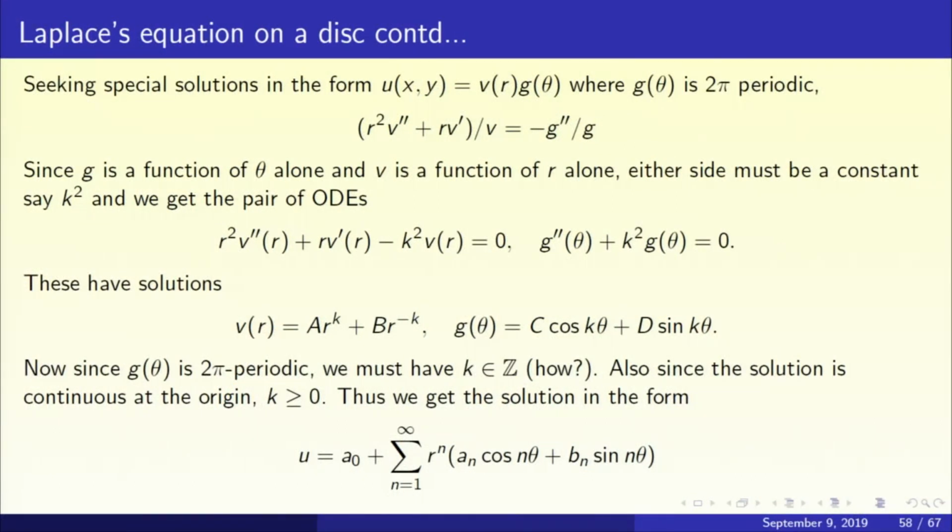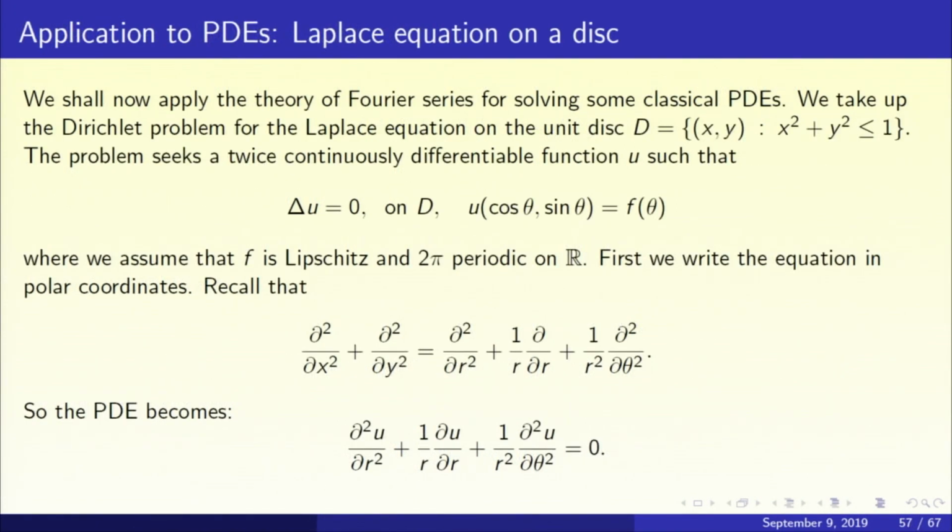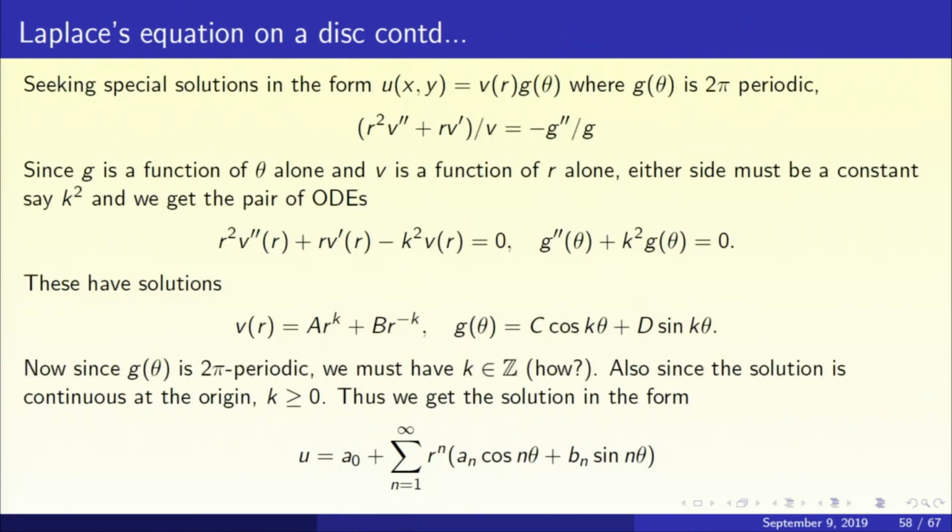Now we must bring in the boundary conditions. What is the boundary condition? U of cos theta comma sin theta is f of theta, as you see in the slide. We must now incorporate these boundary conditions, which means that in this last equation you must put r equal to 1.